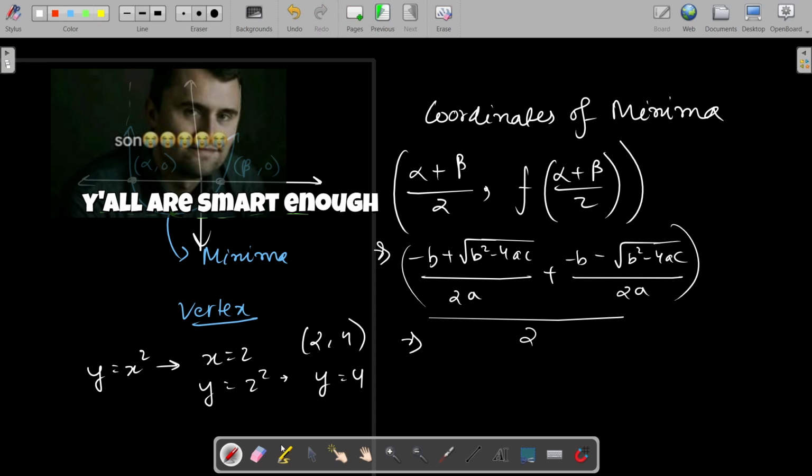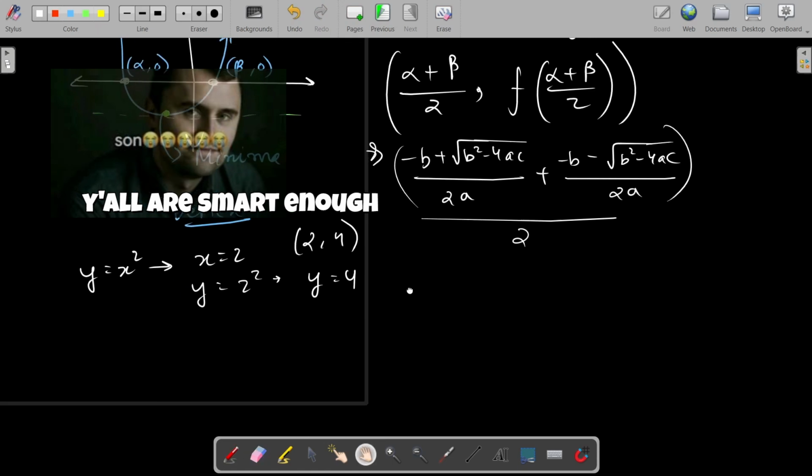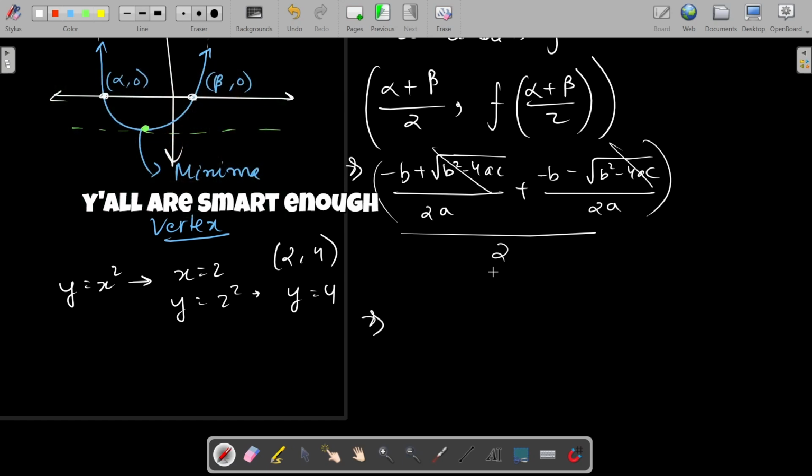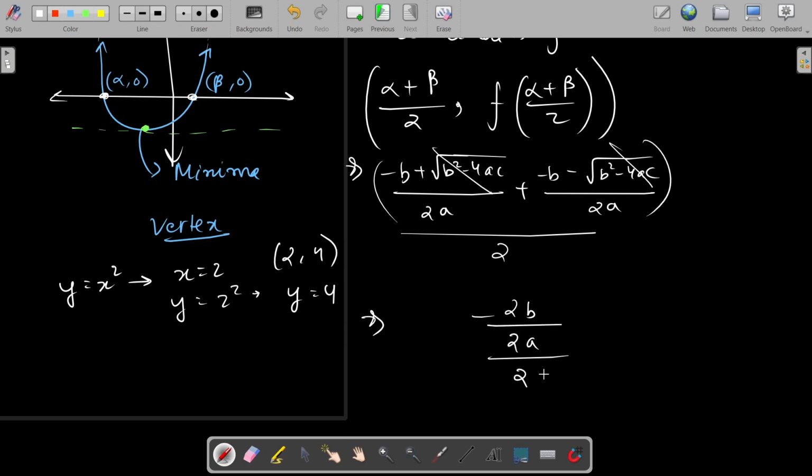Then the square roots cancel out, and we get minus 2b over 2a upon 2, and this simplifies to minus b over 2a.